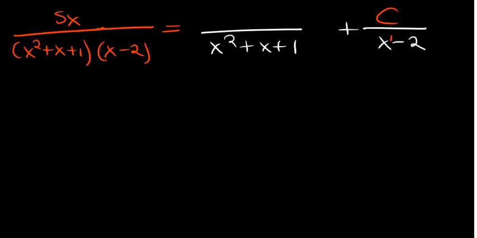Since here we have x squared, we're going to reduce the power by 1, so it will become x. So we'll say Ax, and then of course plus B. Letters are just used to represent the coefficients or the constants.